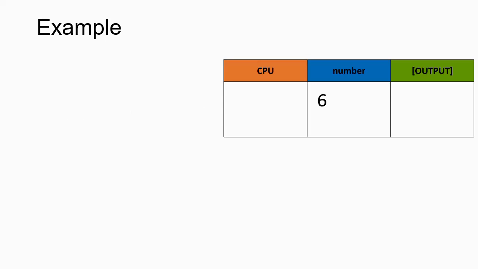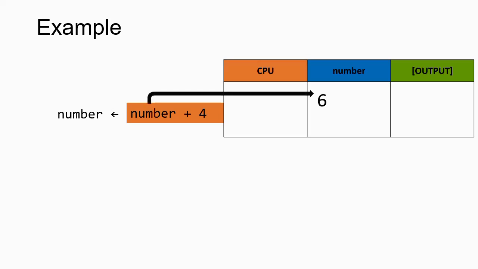Now we move on to the next line of code: number equals number plus 4. There's two steps to this one. First of all, our CPU needs to do this calculation, number plus 4. Number refers to whatever is stored in the number variable, which is currently 6. So the CPU will take 6, add 4 to it, and calculate that that is 10.